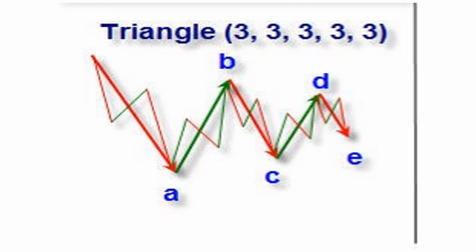Sometimes an expanded triangle is formed when each successive wave is more than a 100% retracement of the previous wave. In a corrective triangle wave, each wave is a 61.8% retracement of the preceding wave. The fifth wave tends to make a false breakout towards the opposite direction of the trend before resuming its trend.